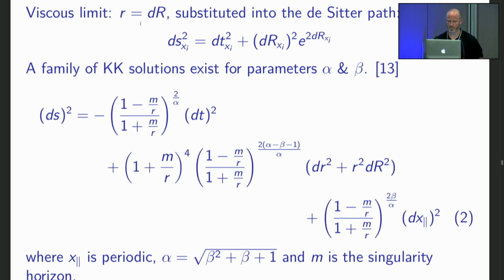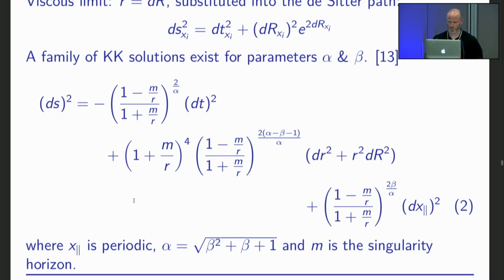Little r is the infinitesimal change in the scale factor. We can put that into the infinitesimal de Sitter path, and then equate that with a whole family of Kaluza-Klein solutions that also have 2 parameters, so not just black holes, but also solitons.